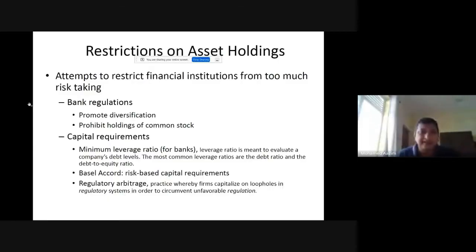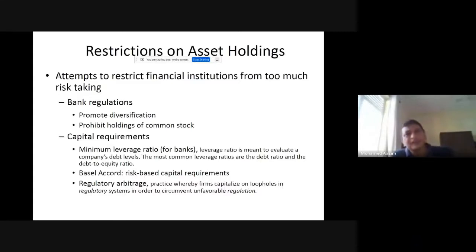Financial intermediaries go to the extent of investing in certain types of assets which are good in terms of return, but at the same time are beyond the risk capacities they should be taking. So then the regulators might come and introduce restrictions, right? This is to prevent financial intermediaries from taking too much risk.